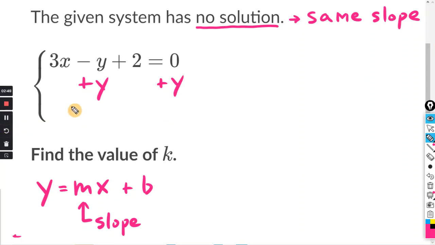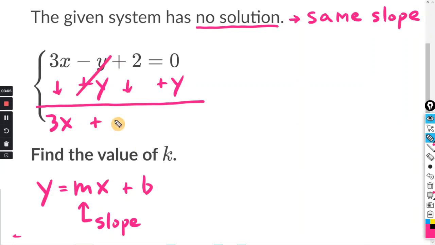I erased the bottom equation for now, just so I can do this vertically. Bring down your 3x. Negative y plus y cancels. Bring down your positive 2. Bring down your equal sign. And 0 plus y equals y.